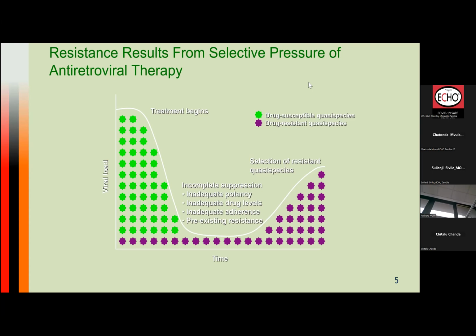Like the slide is showing in the background, you have these quasi species at the beginning of ART, and because the virus replicates a lot, there will be mutants. Some of the mutants, by way of chance, will be resistant to some of the drugs, especially those combinations that have a lower genetic barrier.